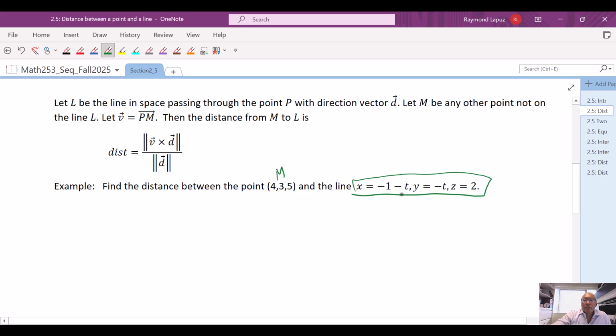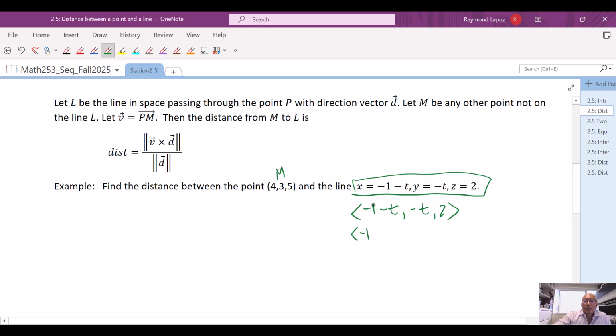So I think I'm looking at this as putting this into X and Y form. This is going to be -1 minus t, comma, -t, comma, 2. That's closer to the vector form. And what I'll do is I'll take out the things that don't have a t.